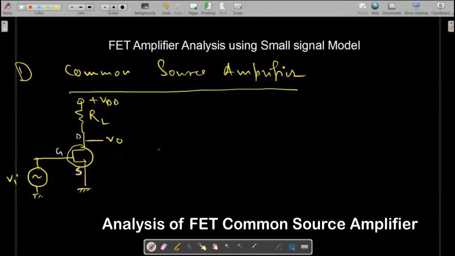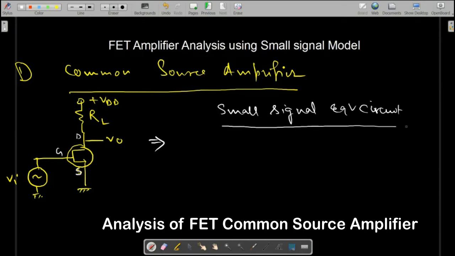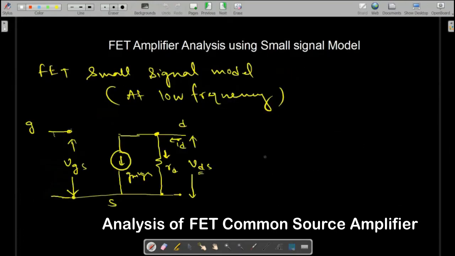So the next thing is we have to represent this using a small signal equivalent circuit. So how do we draw the small signal equivalent circuit? The process is exactly the same. Previously you had the hybrid-pi model of BJT. Now you have to use this small signal model of the FET. The rest of the part is the same.